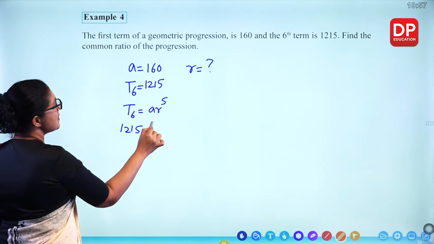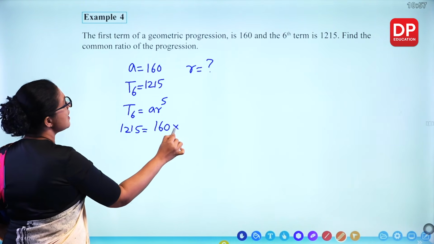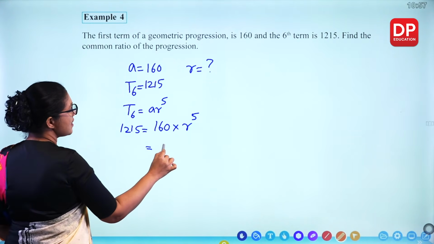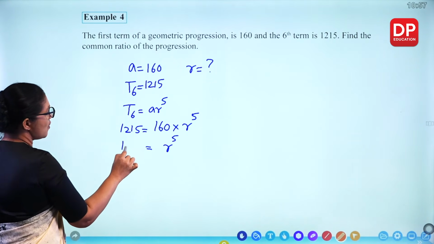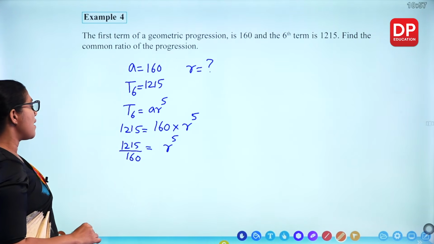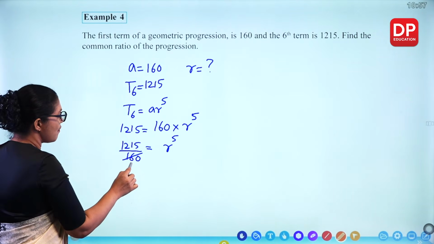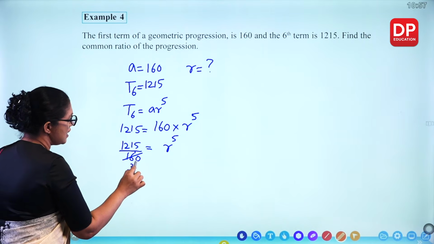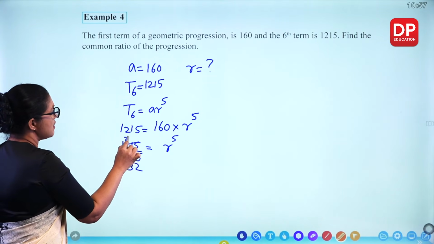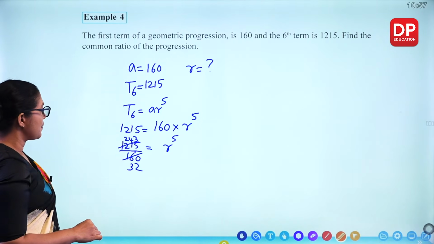1215 is A, which is 160, times R to the power 5. Now divide by 160. 1215 divided by 160. So divide by 5 first. 5 times 3, 15 and 2. 5 times 2, 10. For 1215, that's 243. For 160, that's 32.